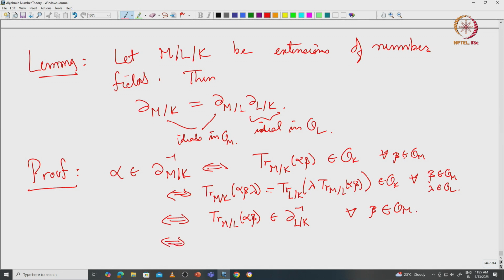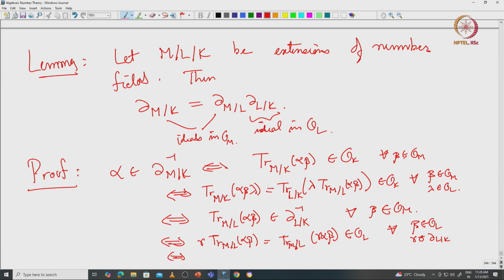But this is the same as saying that gamma times the trace of M over L of alpha beta, which is equal to the trace from M over L of gamma alpha beta, belongs to OL for all beta in OM and all gamma in the different of L over K, because I want the trace to be in the inverse.